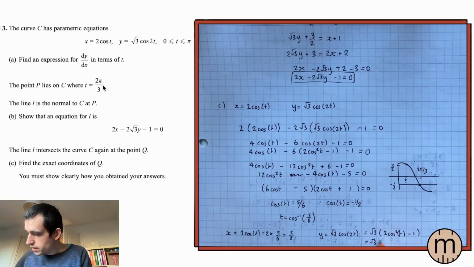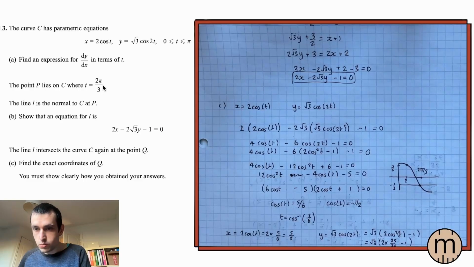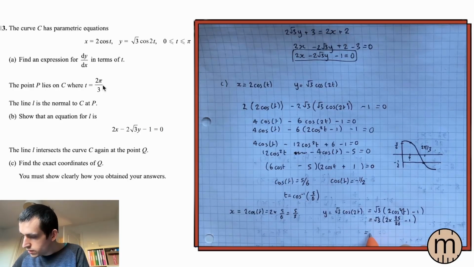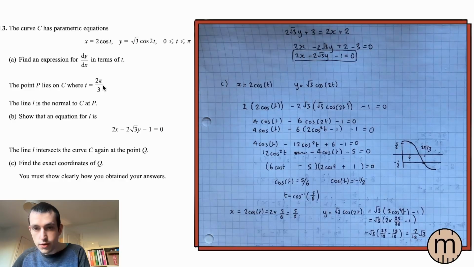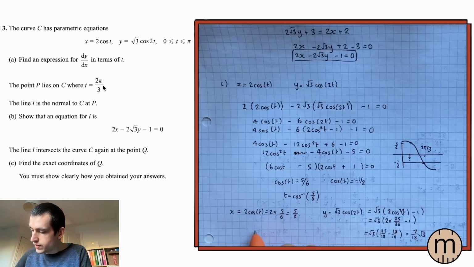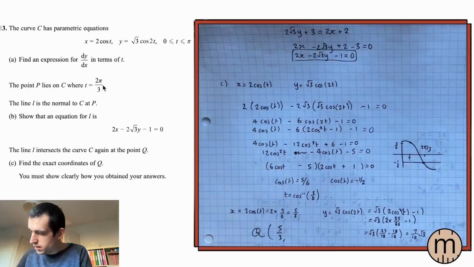So root 3, 2 lots, 5 over 6 squared is 25 over 36 minus 1, which is root 3, 25 over 18 minus 18 over 18, which is equal to 7 over 18 root 3. Therefore, what are the values of the coordinates of Q? They are 5 over 3, 7 over 18 root 3.